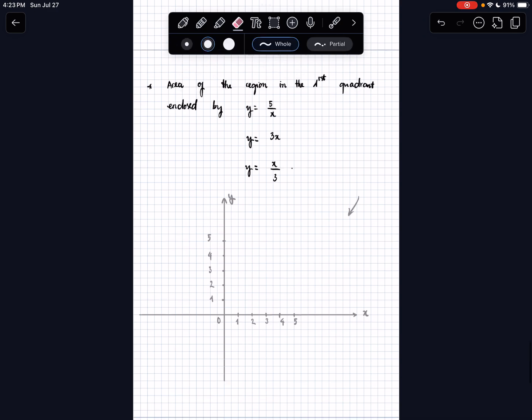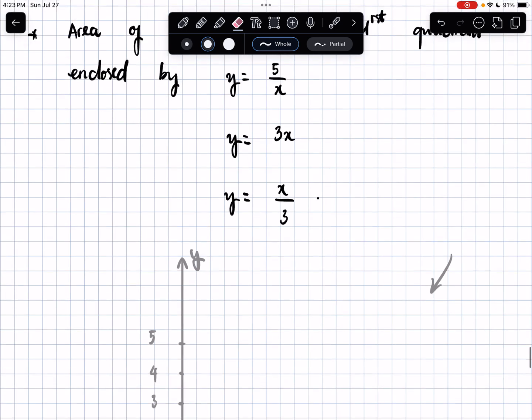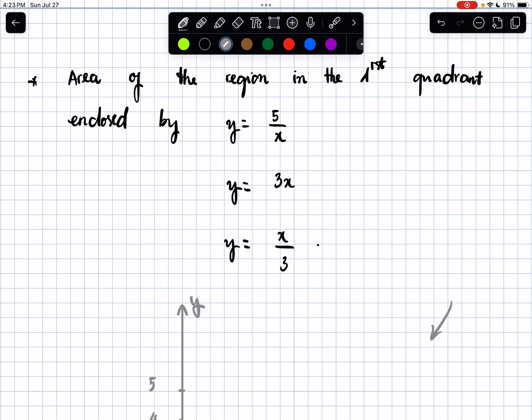So now we graph it by, say, using 3 points to sketch the graph. We know that x equal to 1, y equal to 5. x equal to 5, y equal to 1. And x equal to y equal to square root of 5.